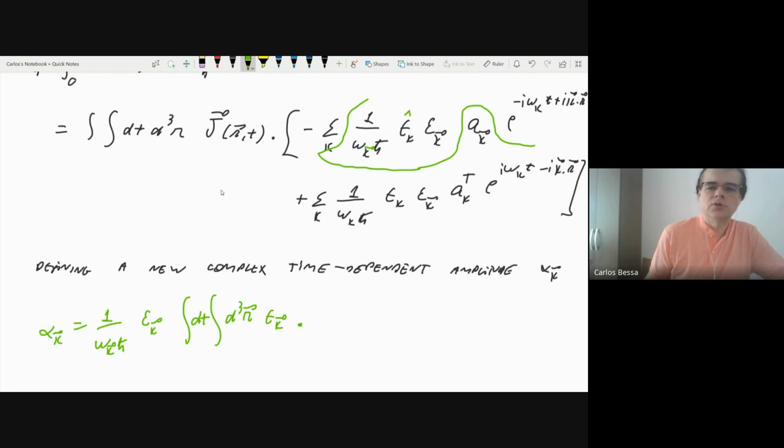This is the unit vector. And the problem with the notation, right?